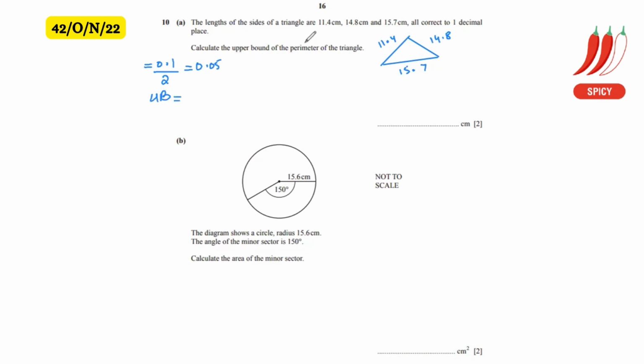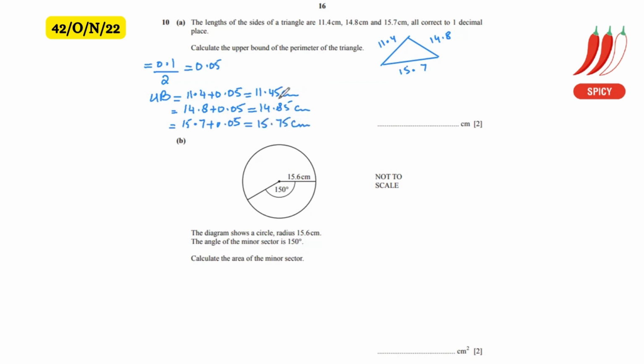So for the upper bound, the first one would be 11.4 plus 0.05, which is 11.45. The next one would be 14.8 plus 0.05, that's 14.85. And then 15.7 plus 0.05, which is 15.75 centimeters.